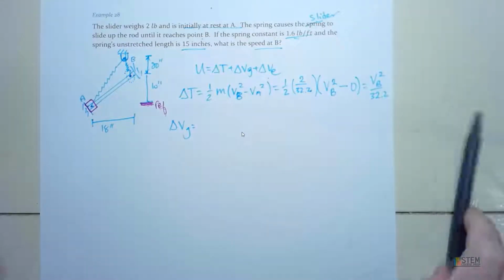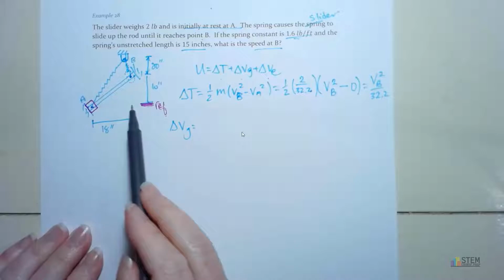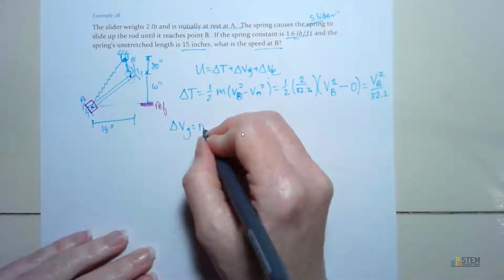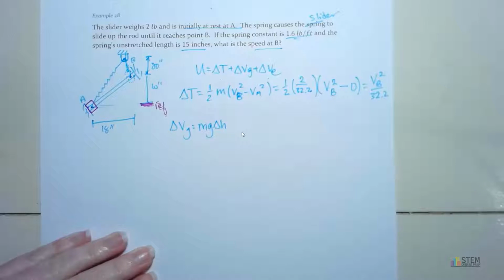All right, so this lines up where we're starting at right here at A. All right, so those are lined up. So I'm going to measure everything from that line. Okay, so now with that, remember this equation is mg times delta H.